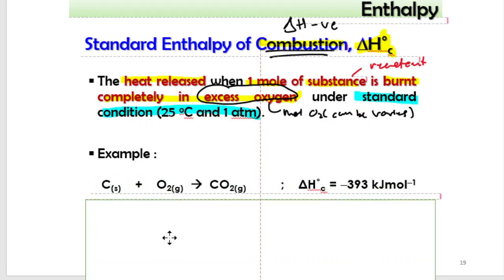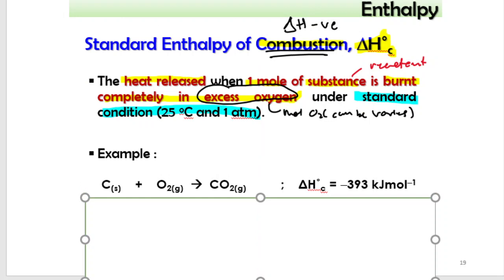So bila thermochemical equation, one more thing that you need to remember, mesti tulis equation penuh, balance, tulis dia punya state. Okay, state dia solid, liquid ke gas ke, okay, mesti tulis.